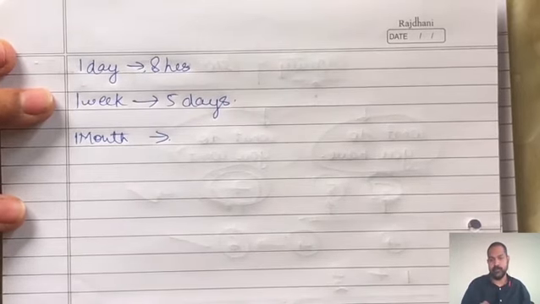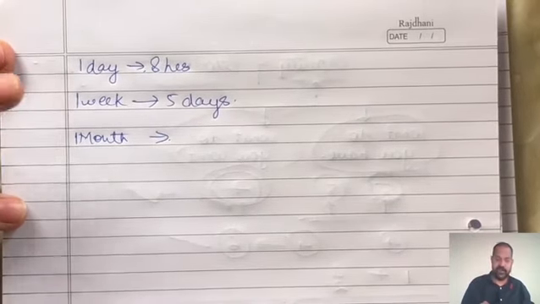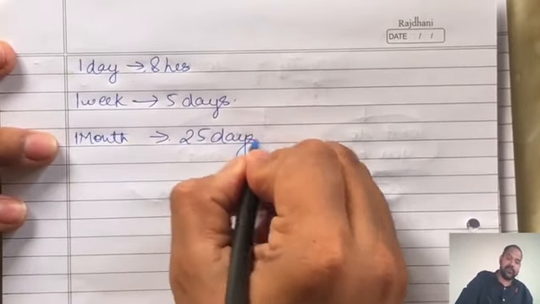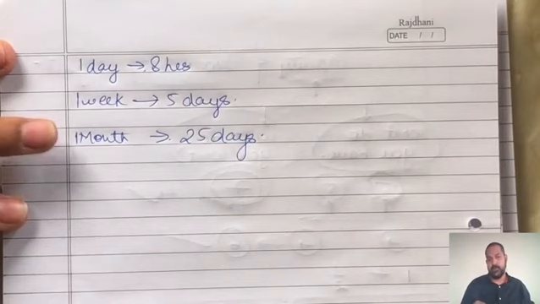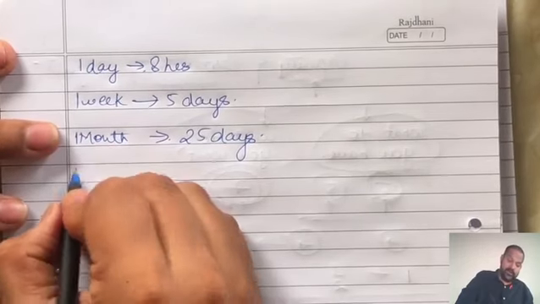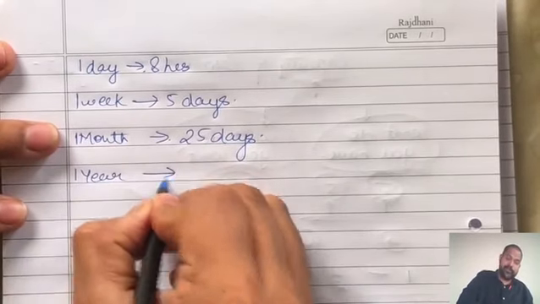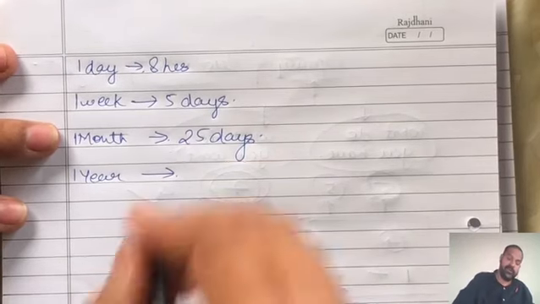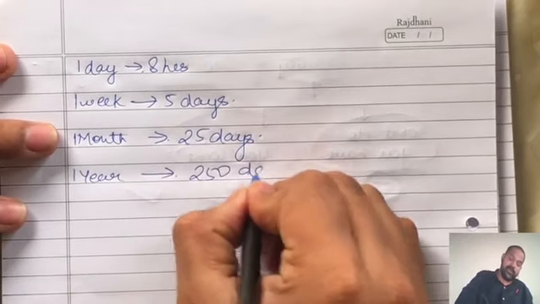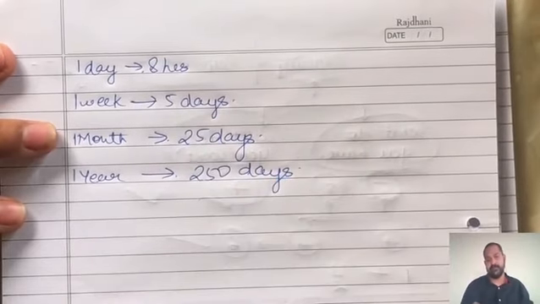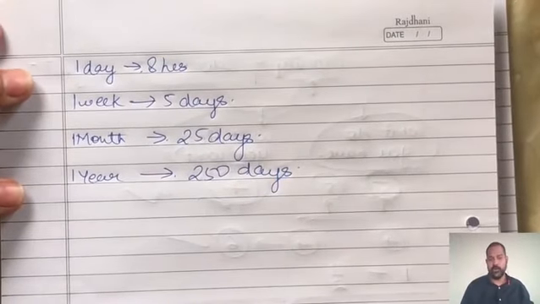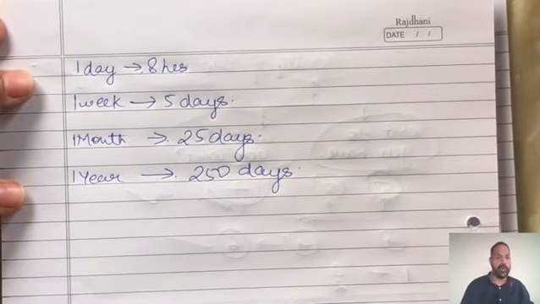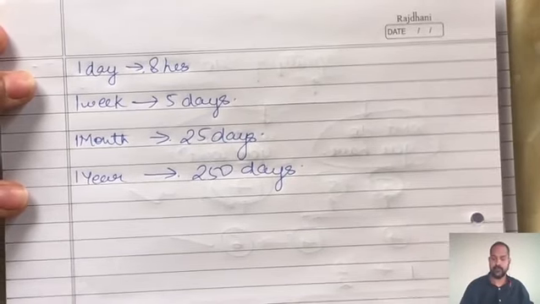No. 1 week is considered as 5 days, but 1 month is considered as 25 days. And 1 year, if 1 month is 25, then 1 year is 25 into 12. 1 year is 250 days. But like I told you, you don't need to remember this because every question, this will be given to you. You don't have to worry about it.